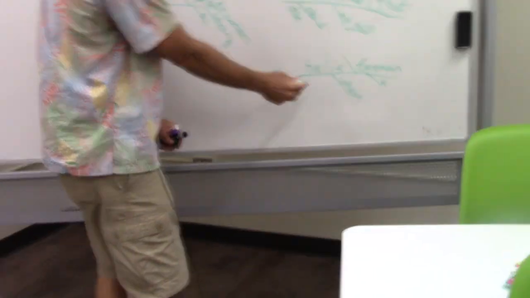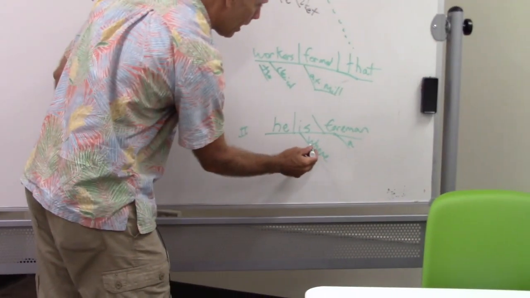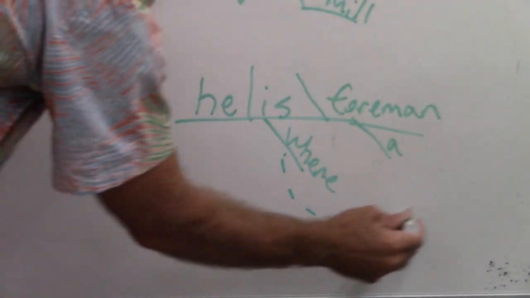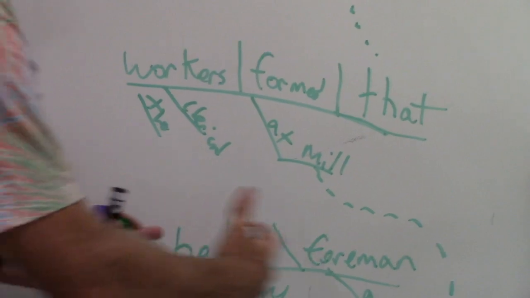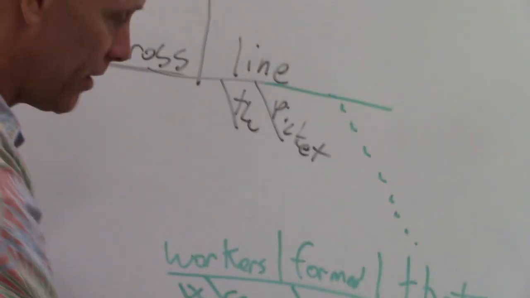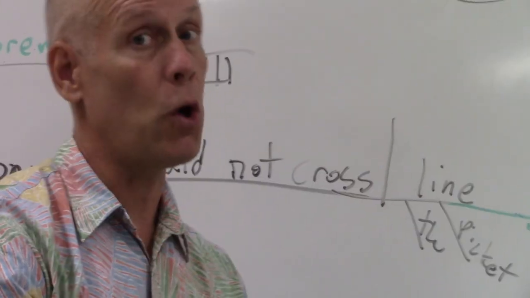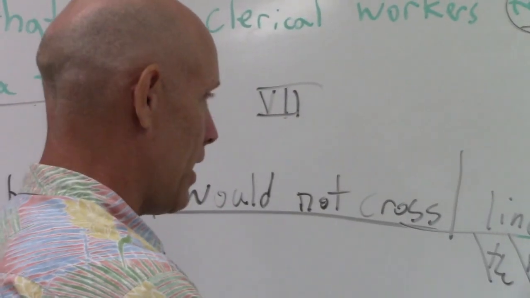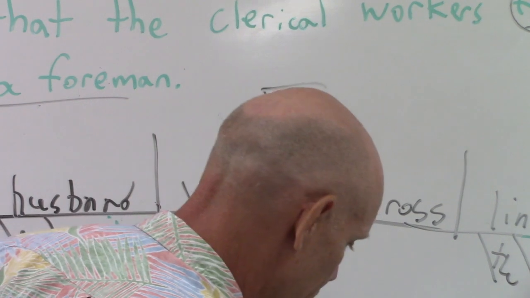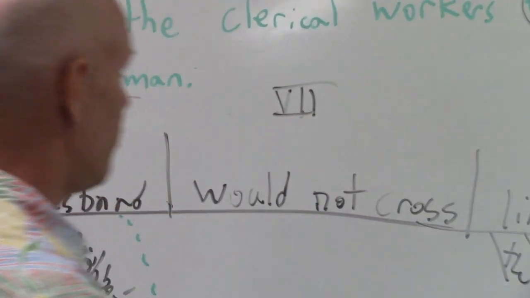You getting it? All right, the where is equal to the mill. That's the place that he is a foreman. Which mill are we talking about? So we're using an entire clause or a sentence within a sentence to tell us what kind of mill. It's like saying the old mill or the red mill or the sugar mill. All right, the one where he is a foreman, and that is your pattern 3 adjectival relative clause.